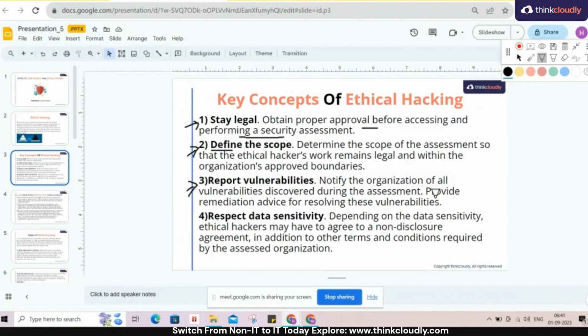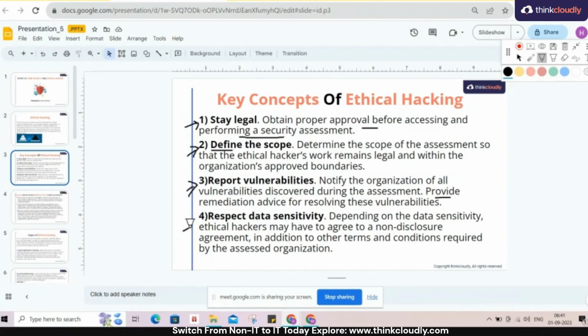Suppose you find a vulnerability like XSS or SQL injection on a particular web application. You have to provide the remediation steps, how they can resolve it, and the mitigation steps that the developer should follow. That is your third part, reporting the vulnerability.